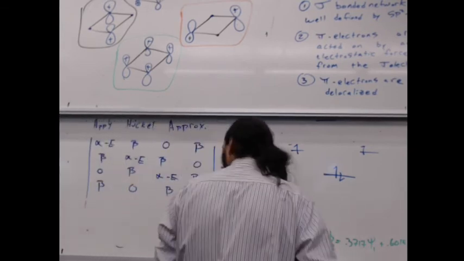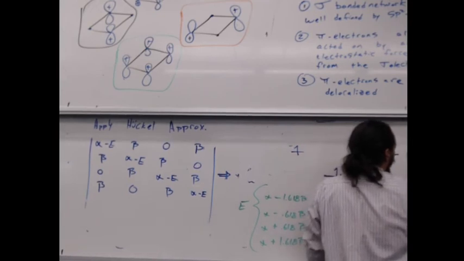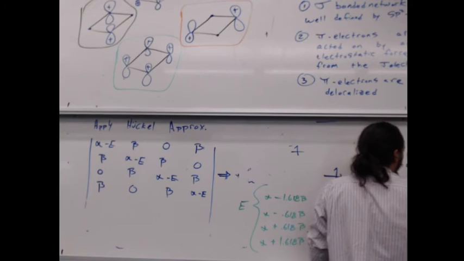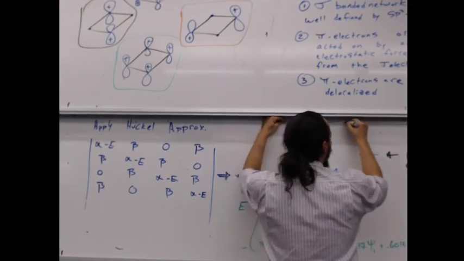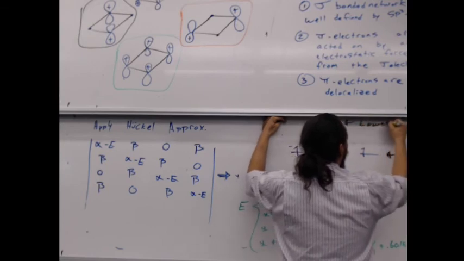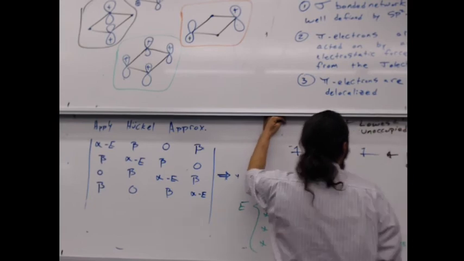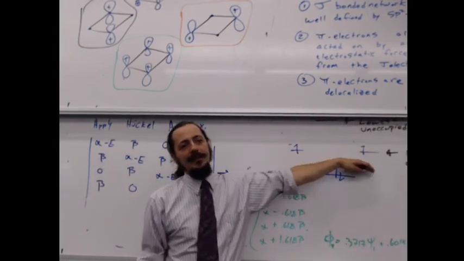So when I look at this, I say, okay, where's my highest occupied molecular orbital? That's my highest occupied. That's my lowest unoccupied. And my highest occupied can be either of these because they have the same energy.